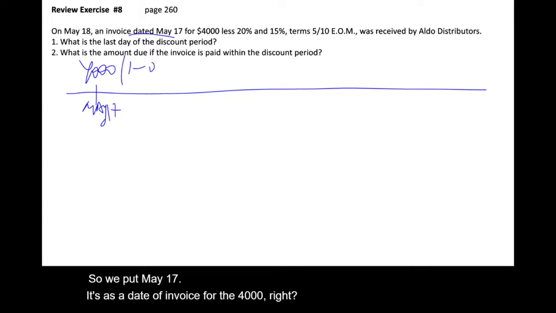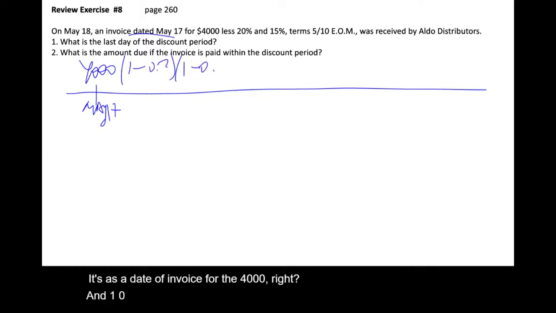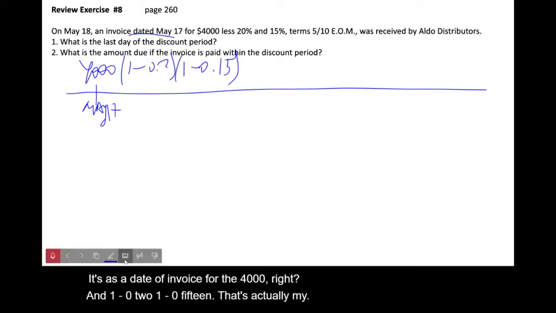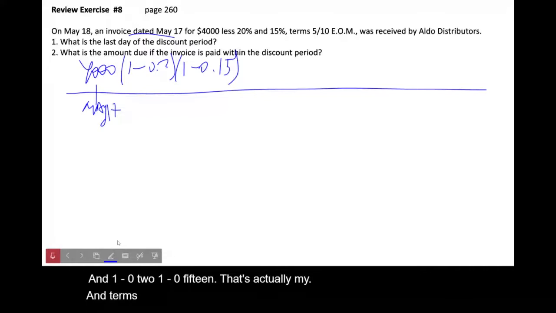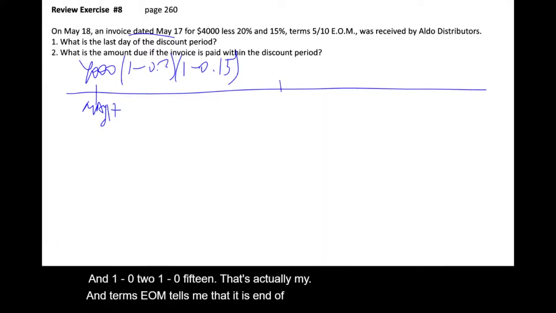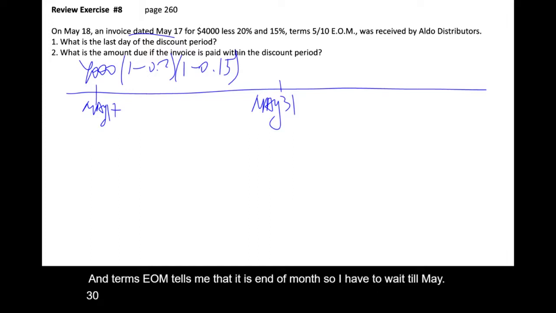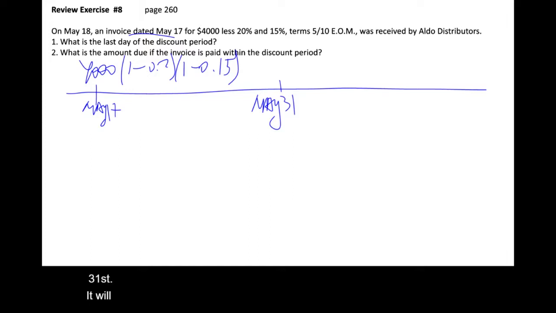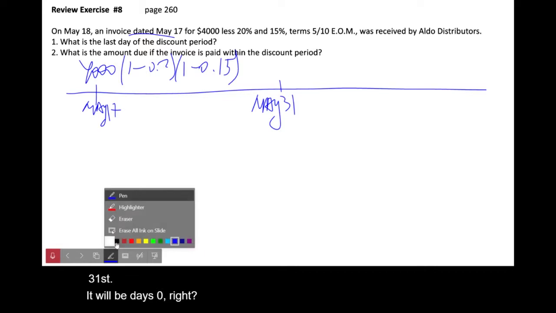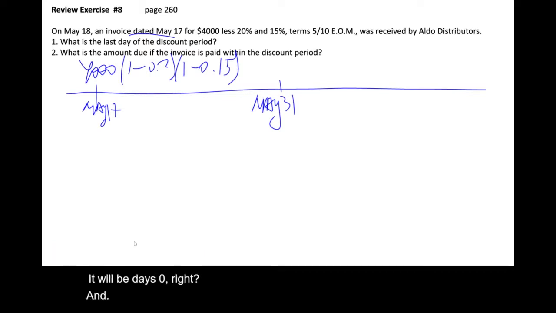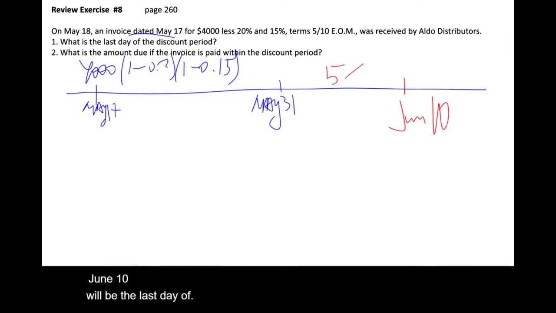And 1 minus 0.2, 1 minus 0.15. That's the actual amount. And terms EOM tell me that it is end of month, so I have to wait till May 31st. It will be day 0, right? And June 10 will be the last day of the 5% discount.